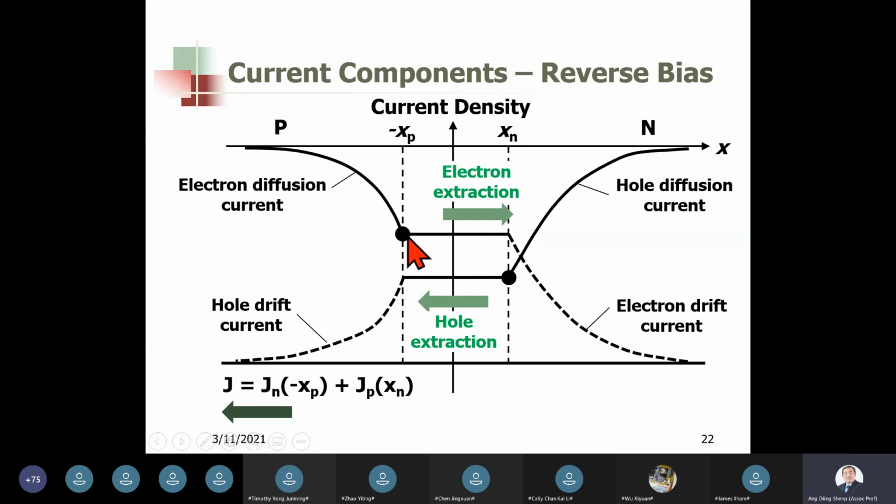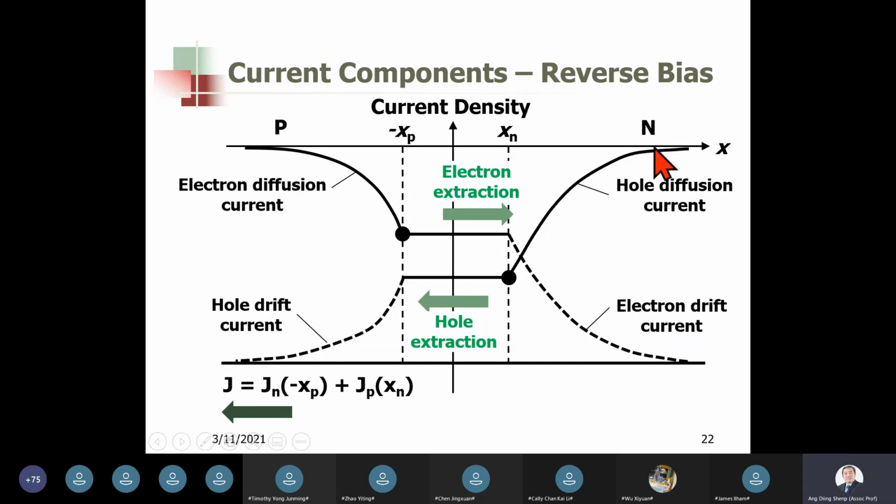After being extracted across, these electrons will become the majority carriers in the N region. They will drift along the quasi-neutral N region, giving an electron drift current.